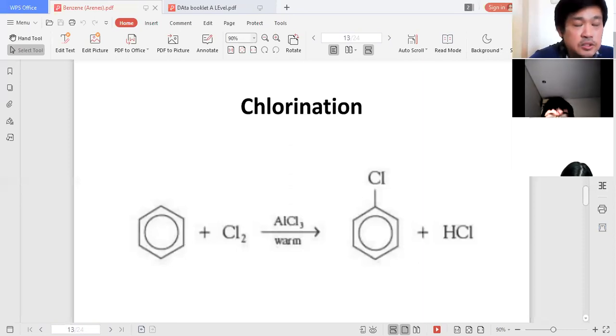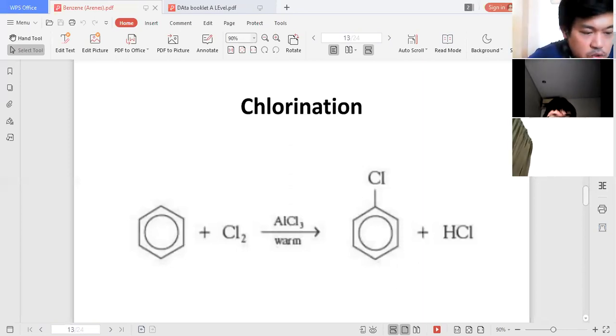The catalyst should support the reactions that we want to react with benzene. So it is not recommended to make a reaction between chlorine and aluminum bromide.